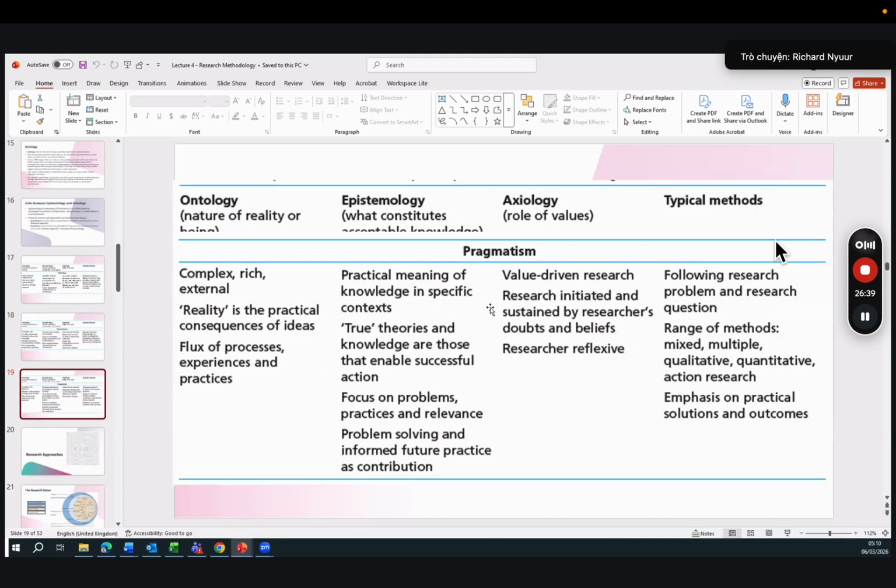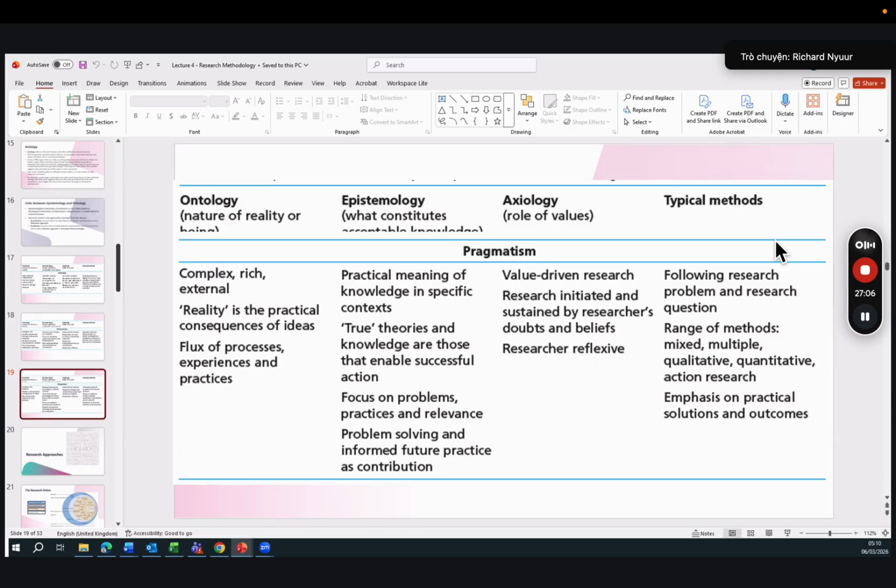So for pragmatism, pragmatism is kind of a mixed, in between interpretivism and positivism. Okay, it's more complex, rich data and external. Reality is the practical consequence of ideas.